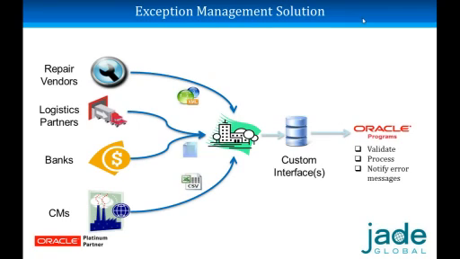Let's take an example of interfacing with Oracle Order Management, where we have banks, logistic partners, and regular vendors providing information in different files. Somebody provides a text file, somebody a CSV file, somebody provides information in XML files. All of them are pouring into our custom interface table. The typical approach is to validate, then process, and then notify the error message.